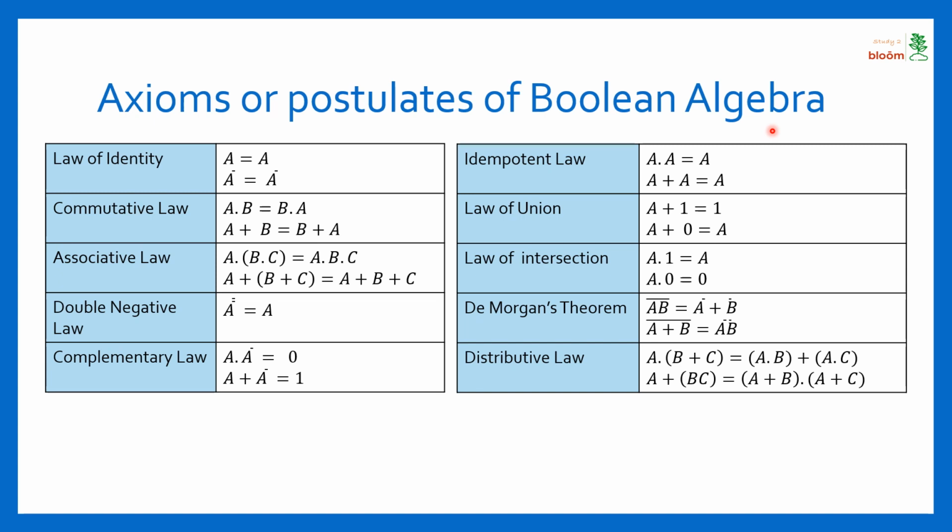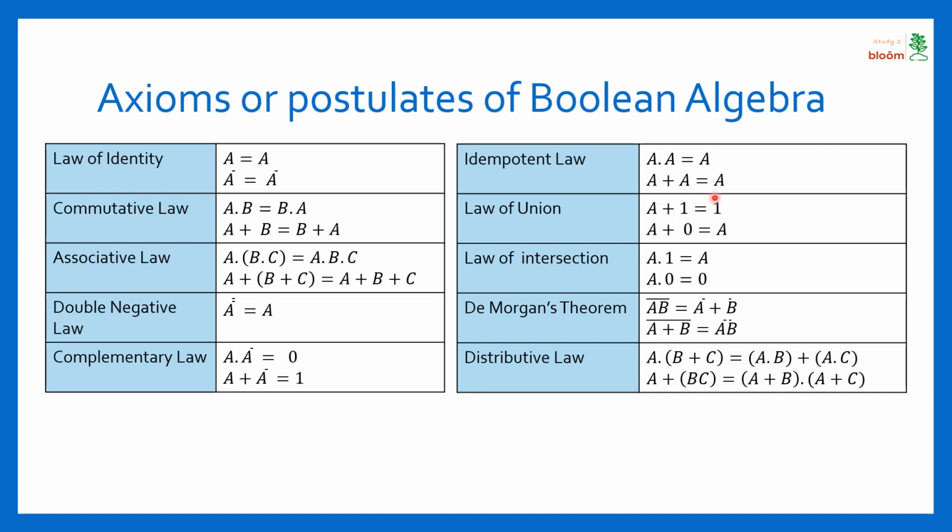Then the idempotent law. Here, if we multiply or add the same Boolean variable, it's the same. A and A is equal to A, and A or A is equal to A. Then the law of union.